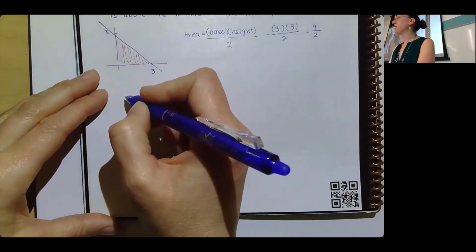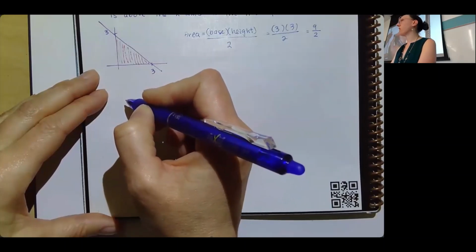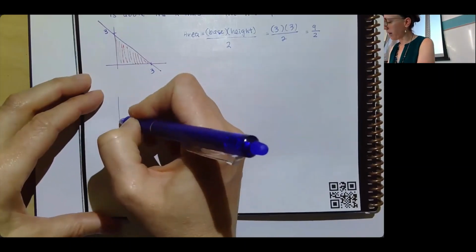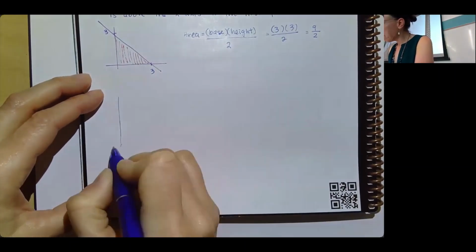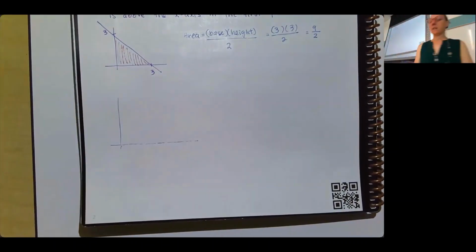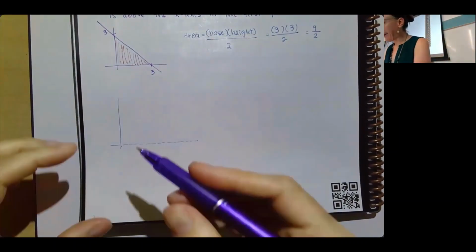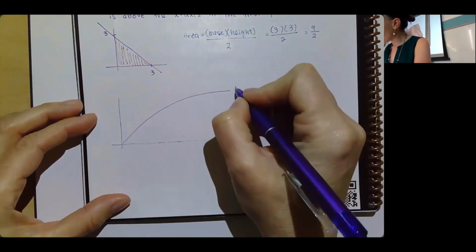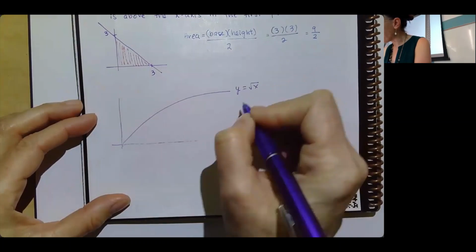But we've been dealing with a lot of other less nice functions in calculus so far. And they don't even have to be a whole lot less nice. Just a little bit less nice. So I'm thinking about things like, I'm going to keep it simple here. Y equals the square root of x.